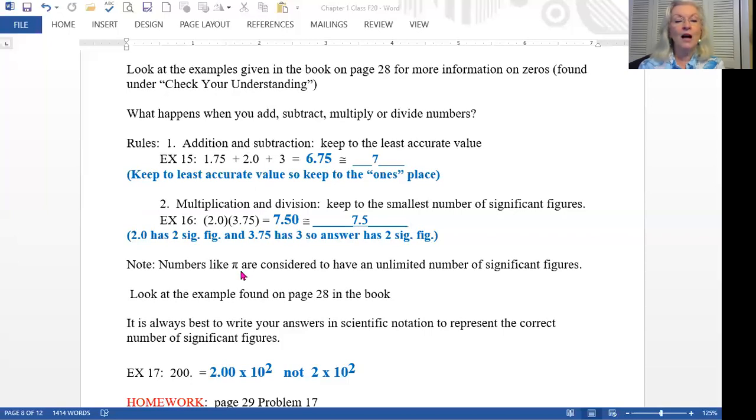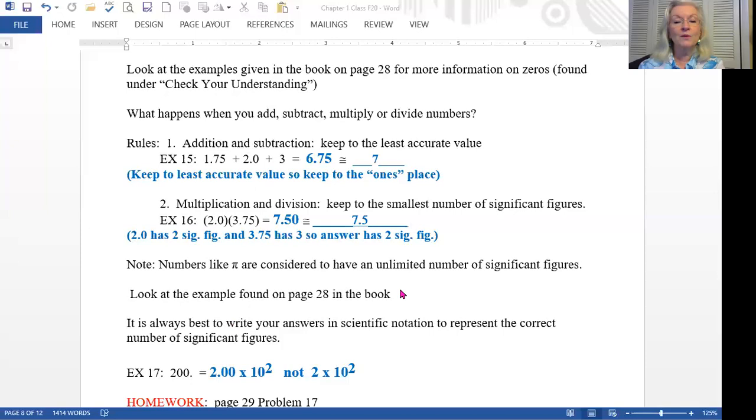A number like pi, 3.14159, is considered to have an unlimited number of significant figures, so you can't use it, or a formula like the radius is equal to the diameter divided by 2. The 2 in that equation has an unlimited number of significant figures.